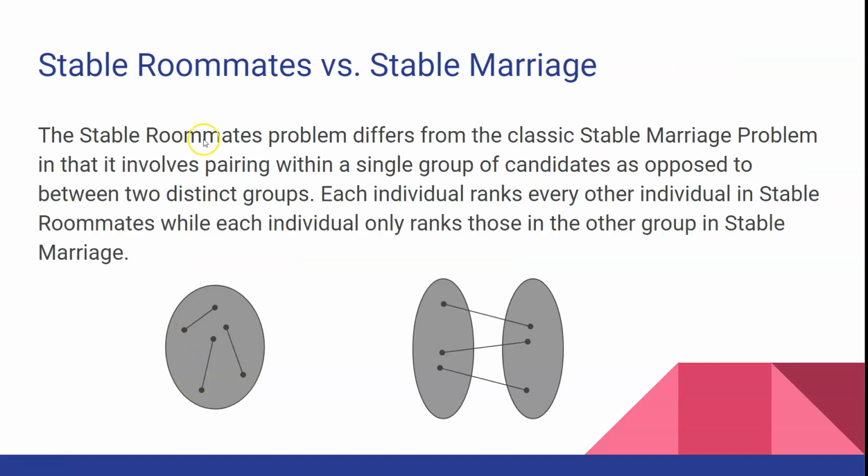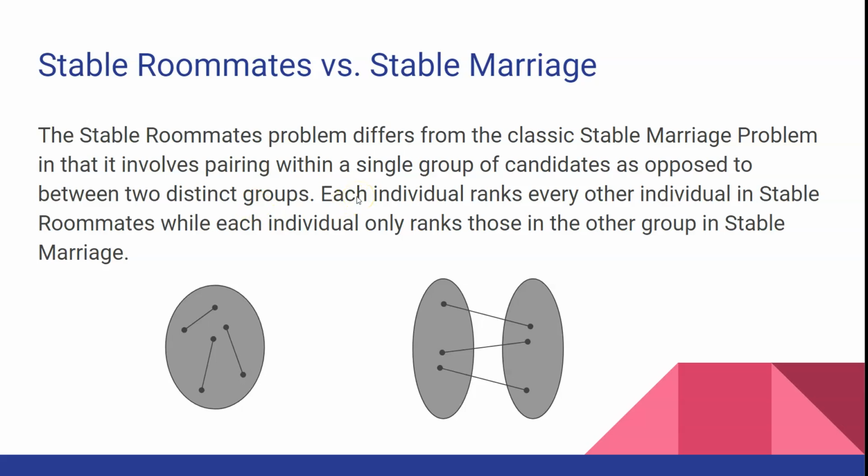So this might sound similar to the stable marriage problem, but it differs slightly, and this leads to a very different solution. The stable roommates problem involves pairing within a single group of candidates as opposed to two distinct groups.